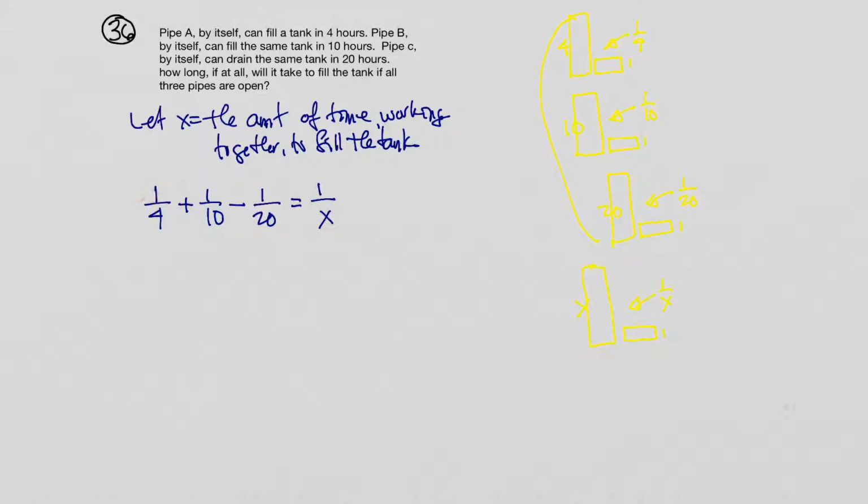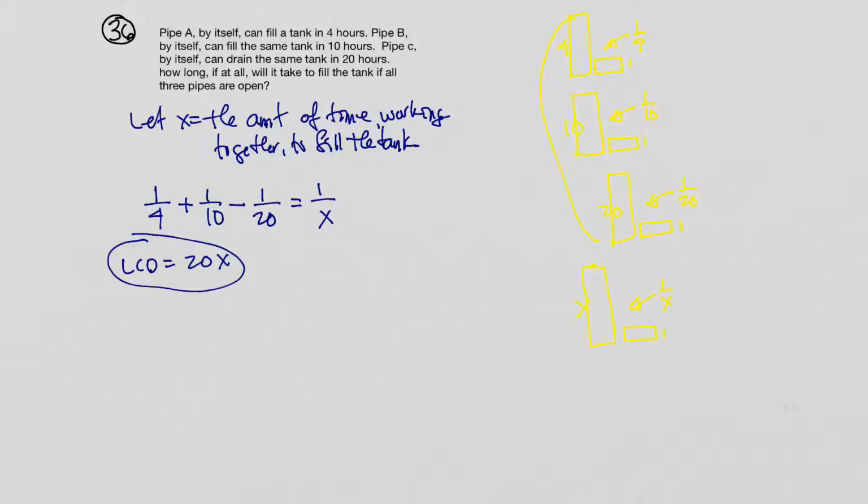And all we have to do is solve this, getting the LCD. The LCD here is 20x, right? 4, 10, and 20 all go into 20, and then the x. So there's our LCD. So we know what to do.